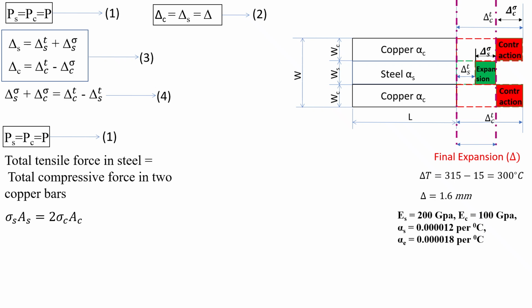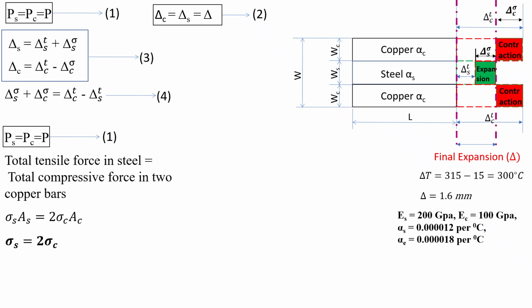So the tensile stress in the steel bar into the cross-sectional area of the steel equals 2 times sigma C AC. Here 2 copper bars are there, so the cross-sectional area is double, that's why I have to consider 2 AC. So sigma S AS equals 2 sigma C AC.